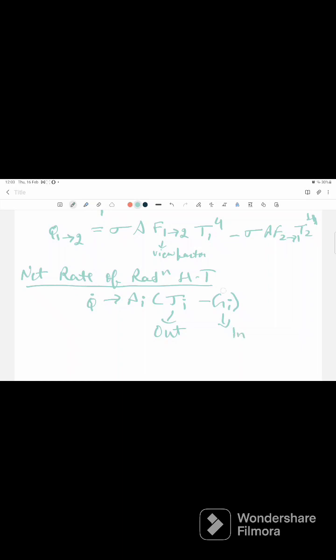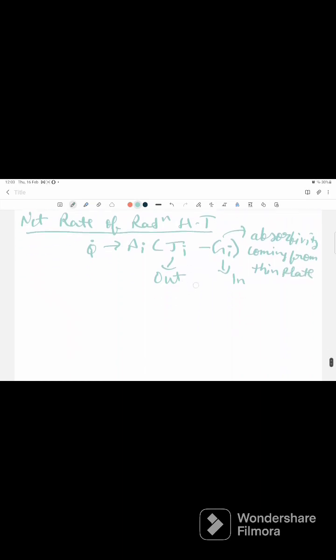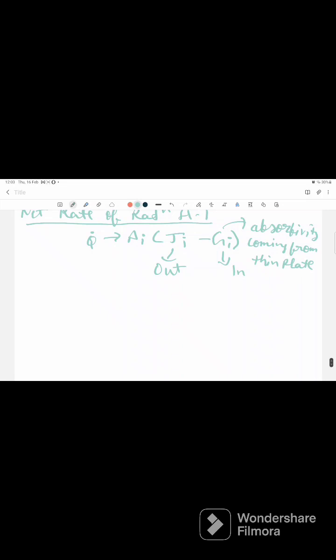This is the in term. So this is absorbed, coming from the thin plate, not the other plate.